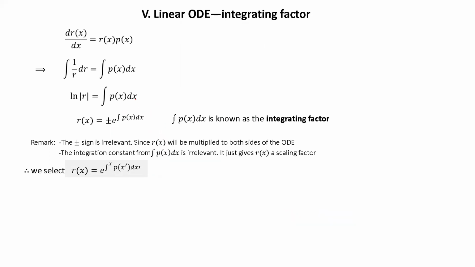Also, when you integrate p of x dx, you get some function, I don't know what function it is, but let's say g of x, plus some constant. That means your integrating factor r of x should be equal to e to the g of x plus c.